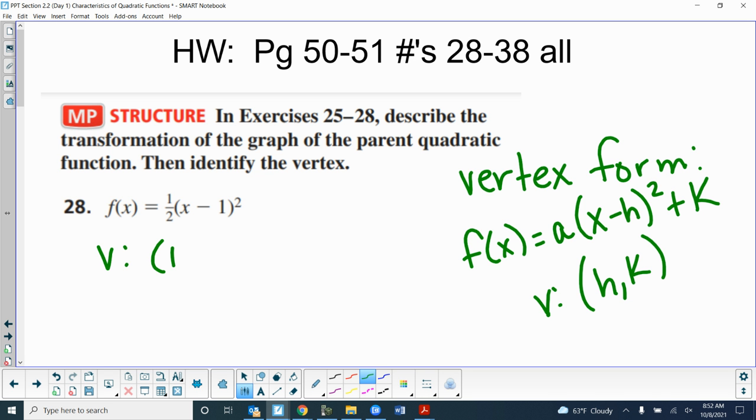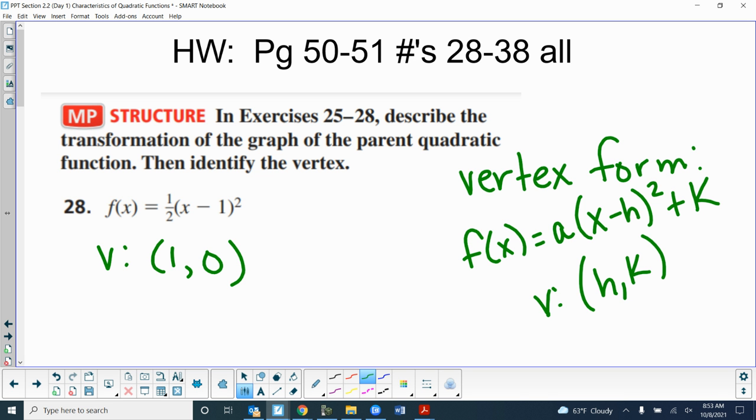At 0, 0. So this says to move it right 1. So what's 0, right 1? Positive 1, right? What k value's out here? What do you see? You see nothing, right? What is nothing? 0, yeah. So my vertex is 1, 0. Okay? So if there's no number plus or minus out here, the y value of the vertex is 0.